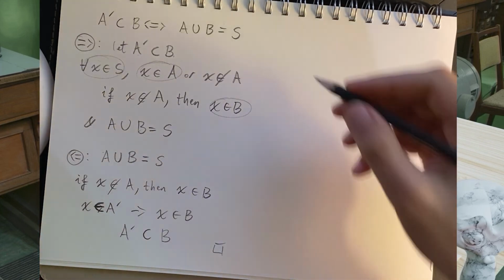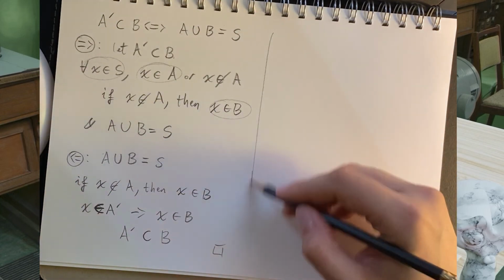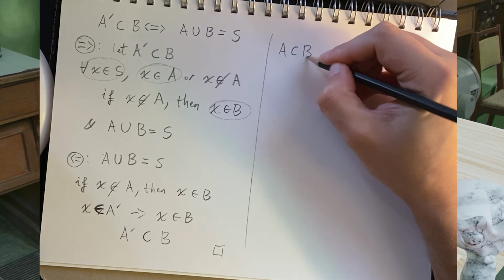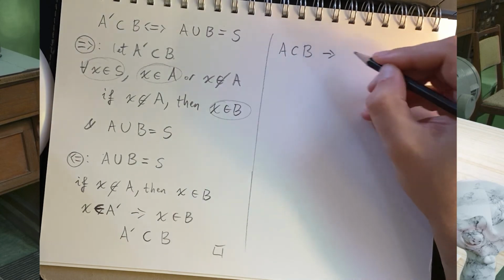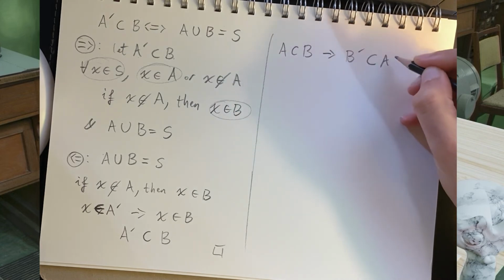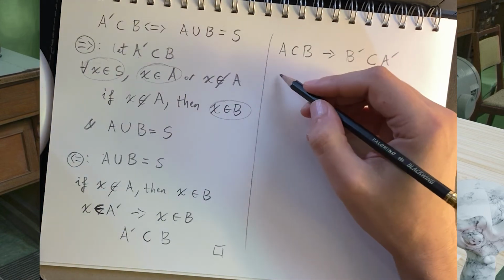Okay, another one. Let's say, can we prove that A being a subset of B implies that B complement is a subset of A complement? Well, yes, we absolutely can. Have a look at this.